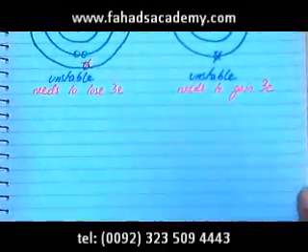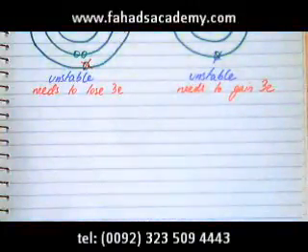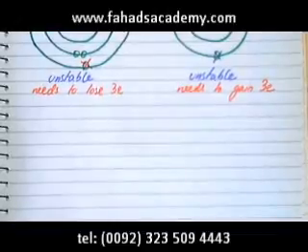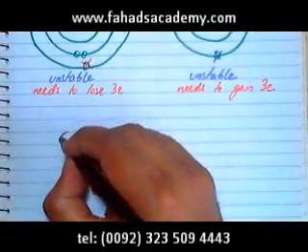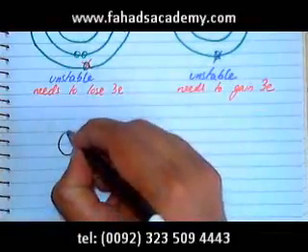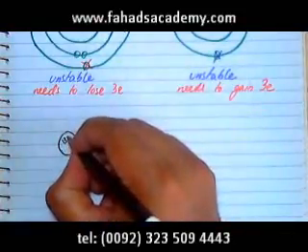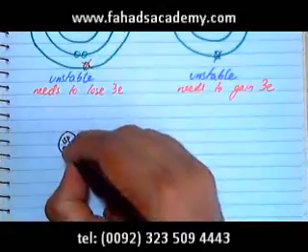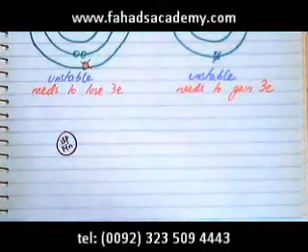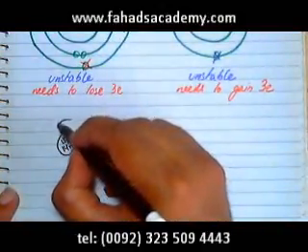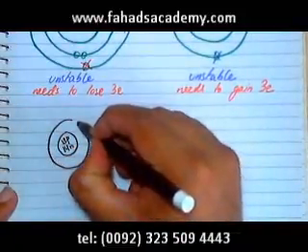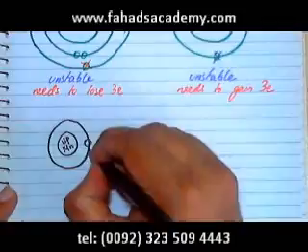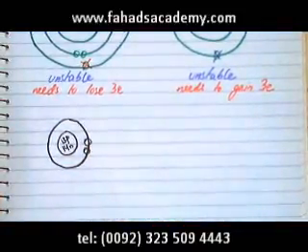And we can redraw both atoms. This is the nucleus of aluminium, having 13 protons and 14 neutrons. The first shell contains 2 electrons drawn with dots.